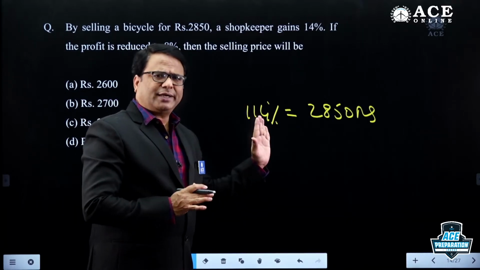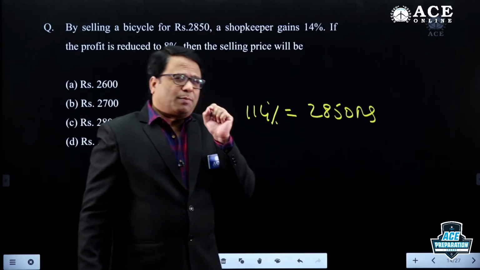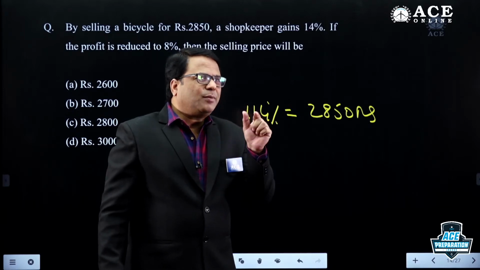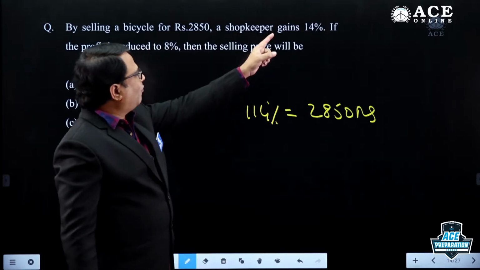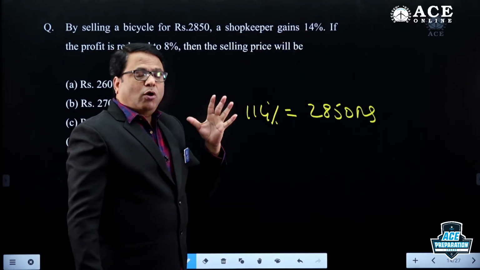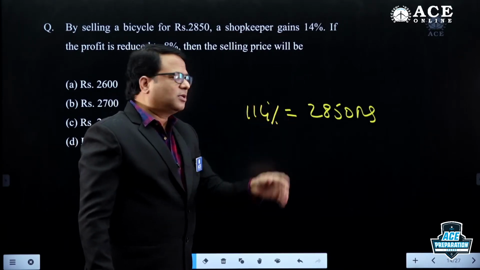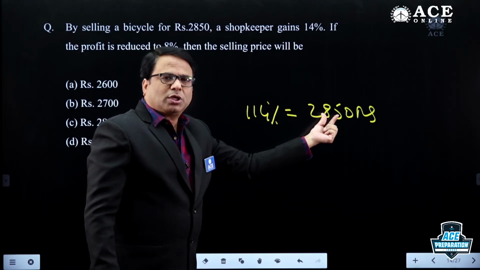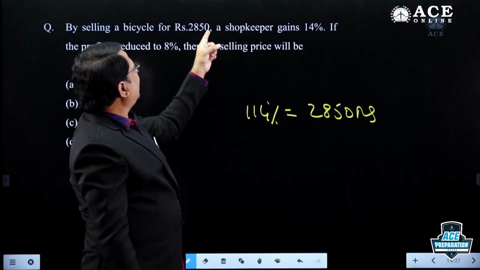Because I told you when there is a profit of P%, selling price is written as 100 plus P% of cost price. Here profit is given as 14%, so the selling price is 114% of cost price. So 114% is equal to 2,850 rupees, because selling price is already given as 2,850.